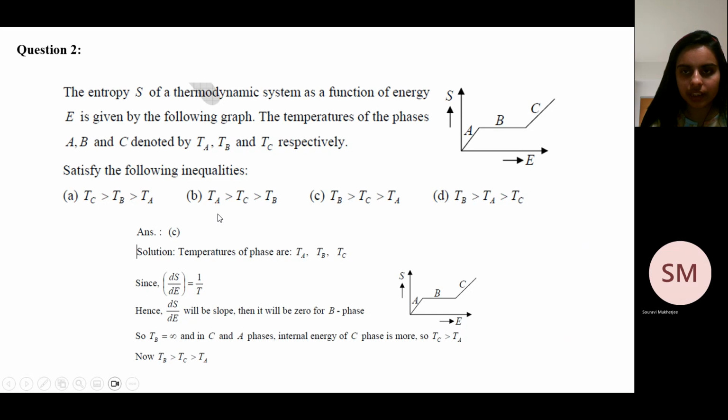In a way, what was done here is that one had to look at the different slopes during different processes, A, B, and C, and comment on the temperature. And it was seen that dS/dE is equal to 1 by T. So the greater the slope, the lower the temperature. Similarly, we found this order in temperature during this process. So what's important here is to remember how you get to this and what it signifies.